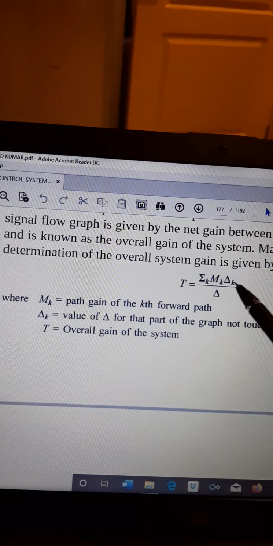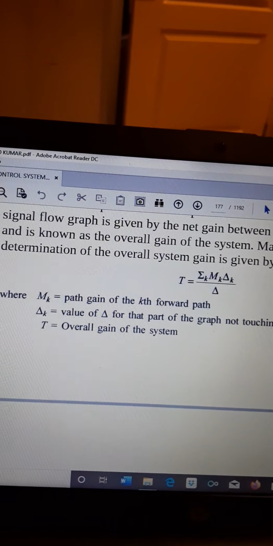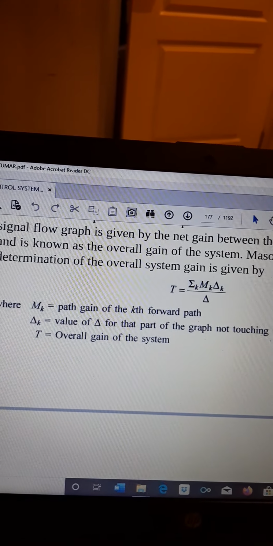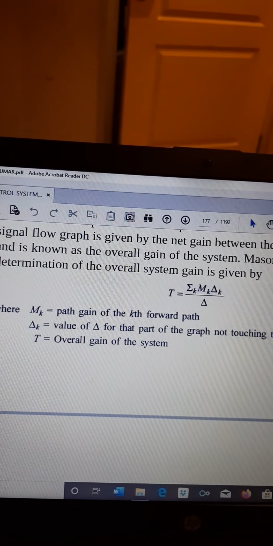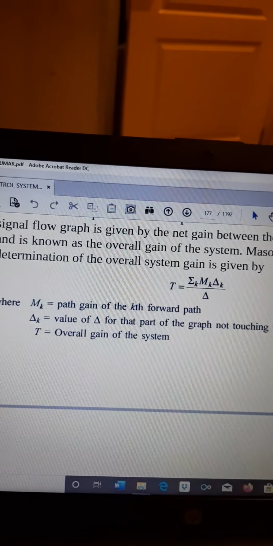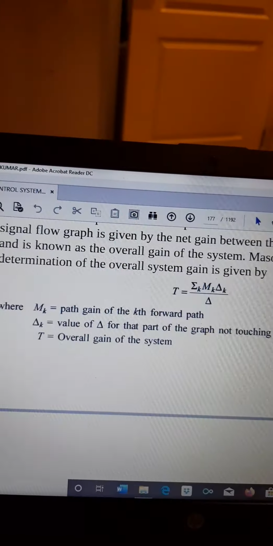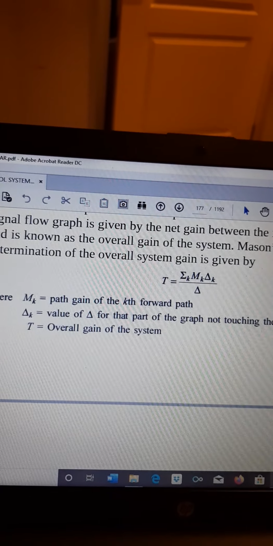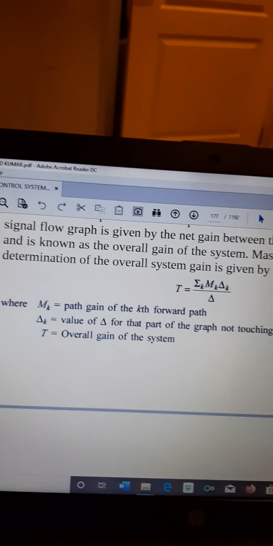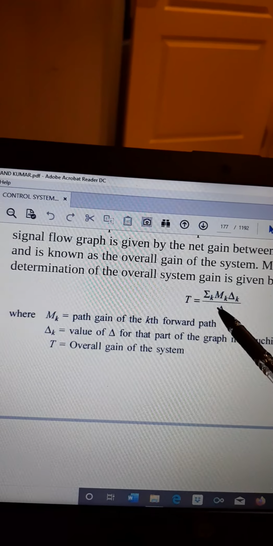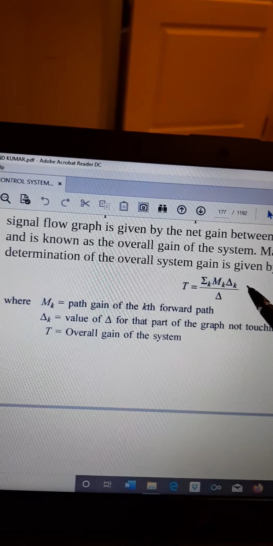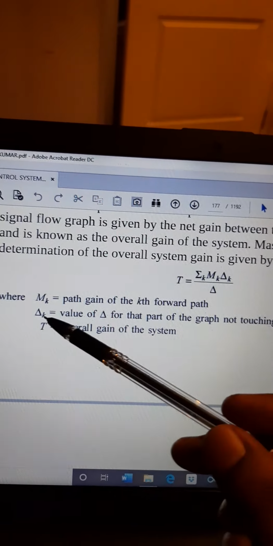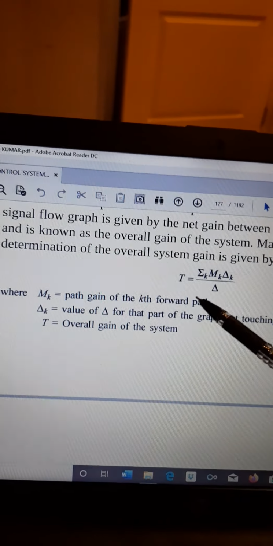T is equal to sigma k Mk delta k by delta, where Mk is the path gain of kth forward path.